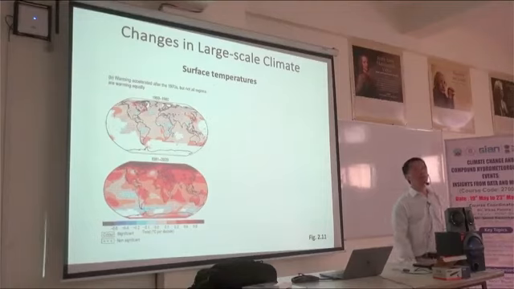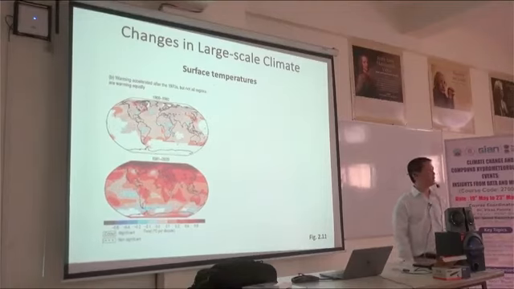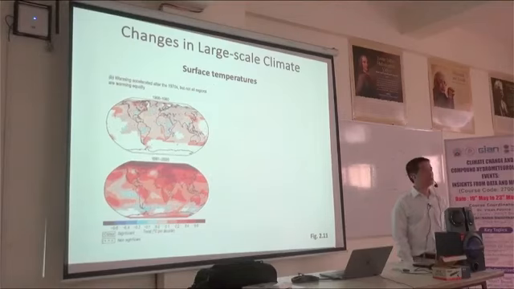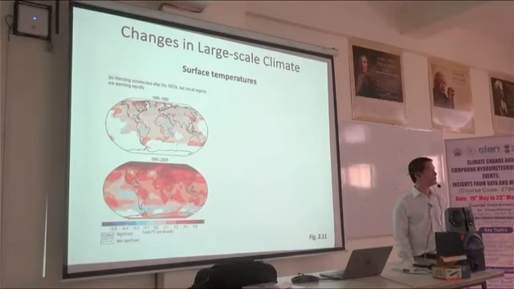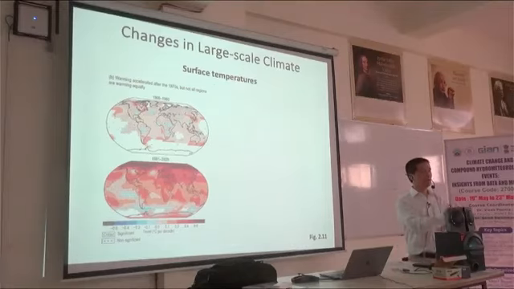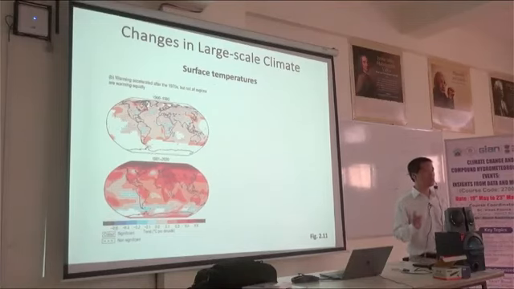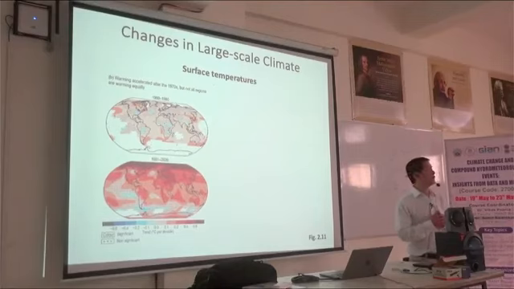Maybe let's say spatially, what kind of major conclusion can you get? So I guess your point is that almost everywhere is warming, right? That is a major conclusion. Yeah, that's one key message you can get from this.